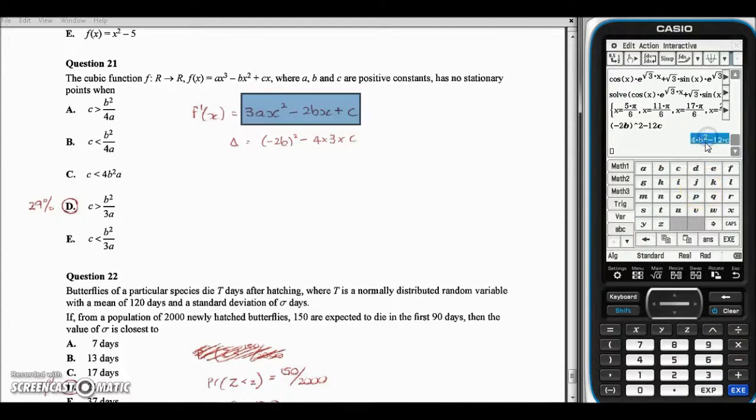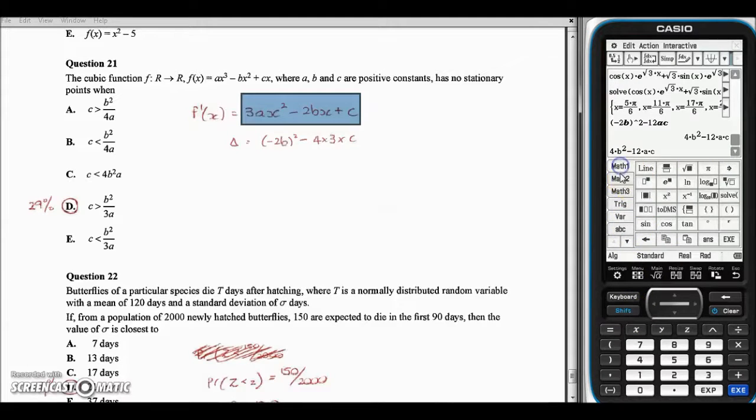Now I want this to be... what have I forgotten? I've forgotten an a, sorry, there should be an a there. So it should be 12ac, 12 times a times c. And I want that to be less than 0.